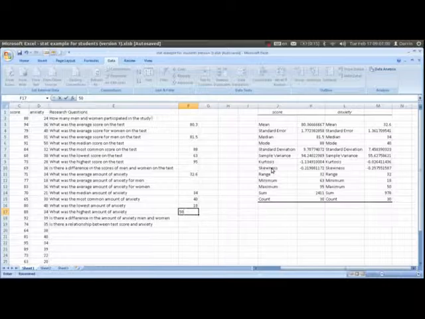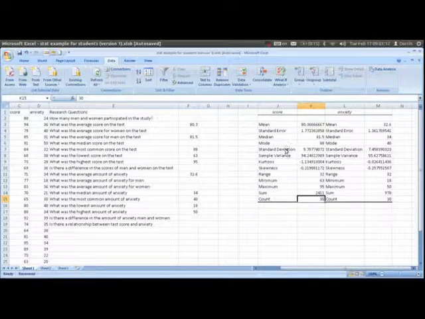Particularly standard deviation is really one of the hearts that we use within statistical analysis. The sum and the count are not that big of a deal. The sum is where they added up all the numbers 1 to 30, not a big deal. The count is how many participants in the study, 30. So this is all the basic information that we have for this particular analysis.